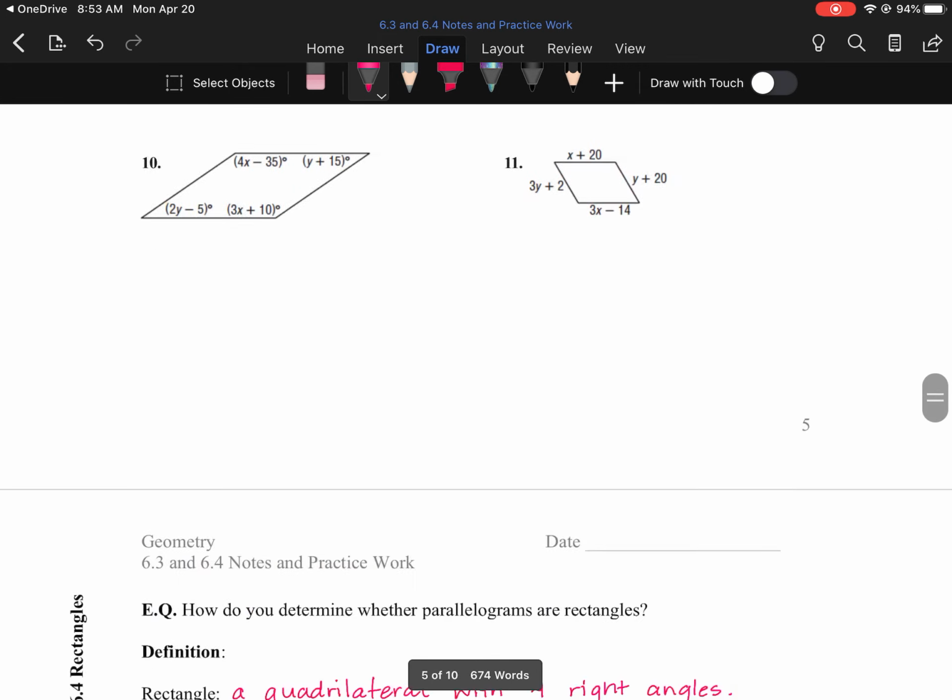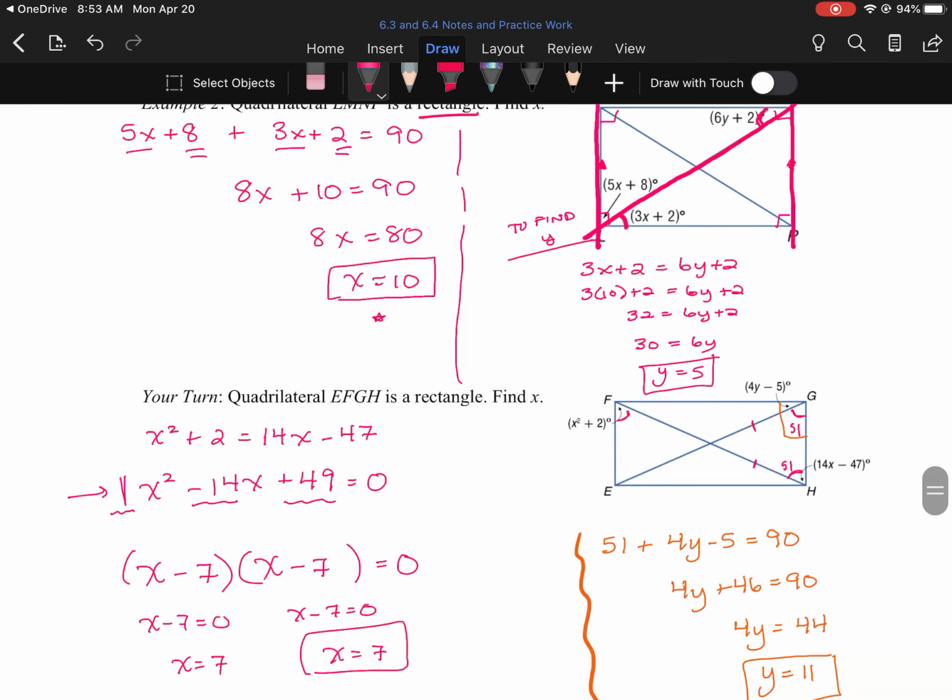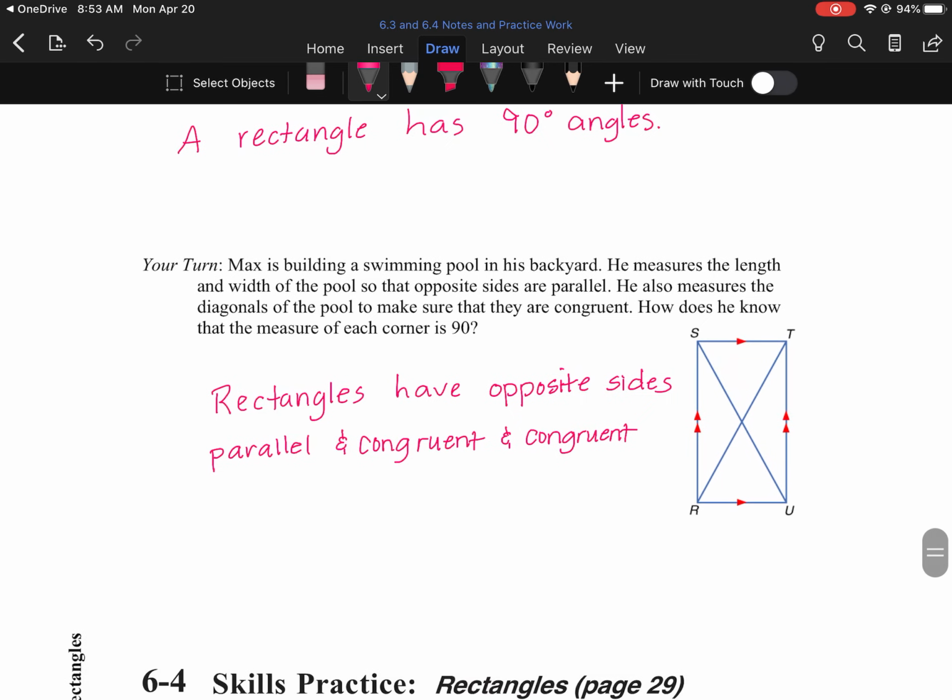Where did it go? Oh my goodness. Here we go.